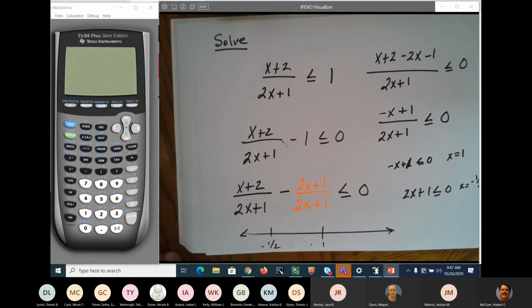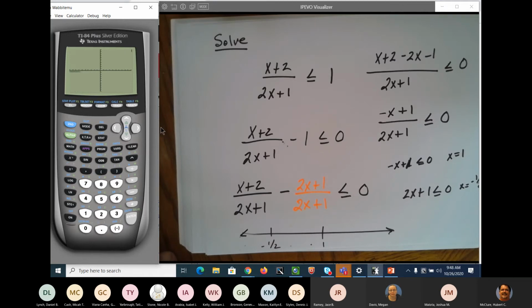And you can graph this one also. So let's go to y is equal to, and I'm just going to clear all this. And I'm going to do x parentheses x plus 2 divided by parentheses 2x plus 1 close parentheses, and then subtract 1.